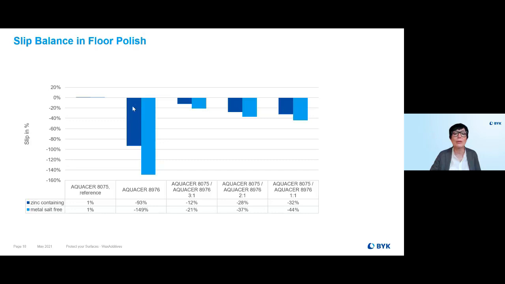And with the ratio of 3:1, 2:1, or 1:1, you can really see how you can adjust the slip performances in a floor polish by the mixture of high density polyethylene and polypropylene wax. So we really recommend you to use a combination of both.